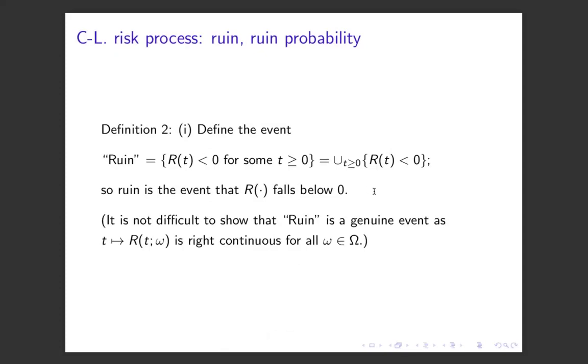That is no problem because from the definition itself, you can see that for a fixed omega, as a function of t, R(t) is right continuous. Consequently, it is enough to consider the union over t varying over the rationals or the dyadic rationals on the positive axis.